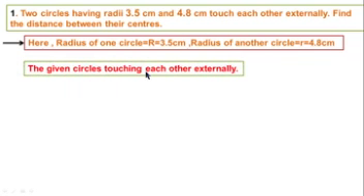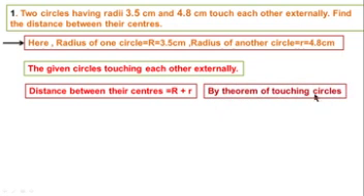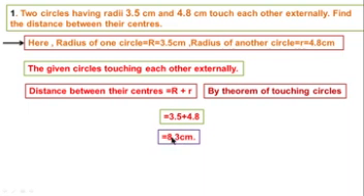The given circles touch each other externally. Distance between their centers is equal to R plus r, by the theorem of touching circles, is equal to 3.5 plus 4.8, is equal to 8.3 centimeters. Means the distance between their centers is equal to 8.3 centimeters.